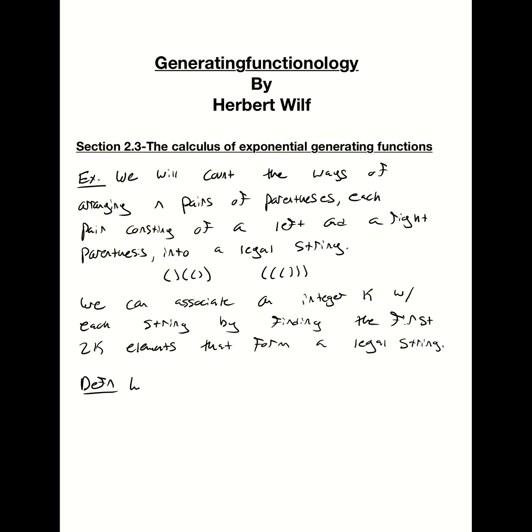So we say a string of length 2n is primitive if k is equal to n, the associated k. Meaning there is no legal substring reading it from left to right.